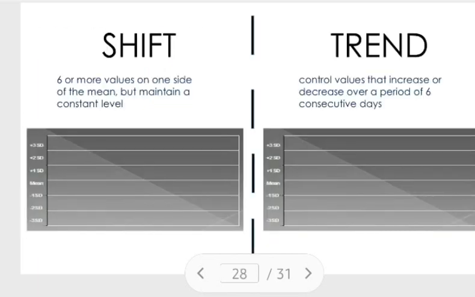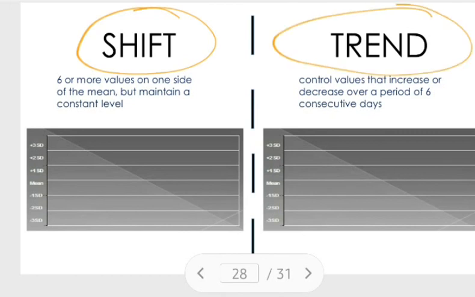Next, we have shift and trend. So for the shift, it is 6 or more values on one side of the mean that maintain a constant level.